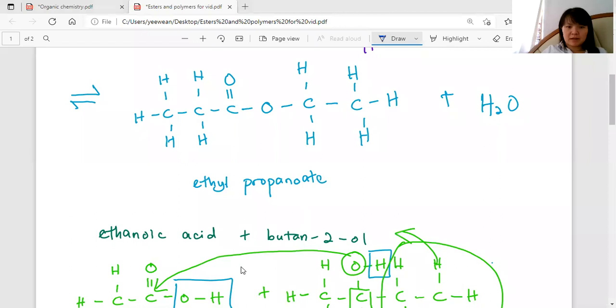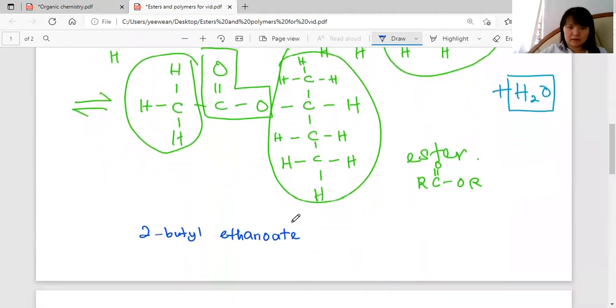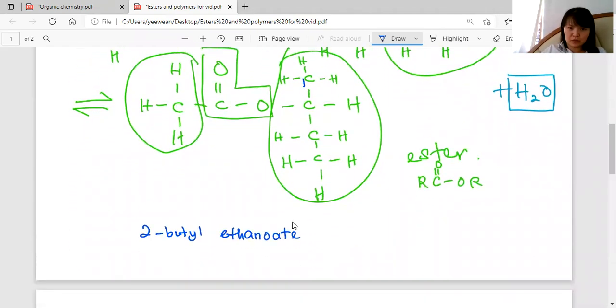To name these esters, we take the alcohol side, that's it, 2 carbons, so ethyl, and 3 carbons here, so propanoate. And this one, carbon number 2 has this O, so 2-butyl ethanoate.